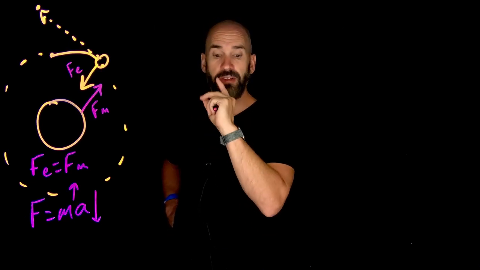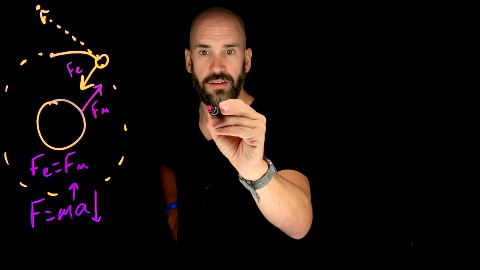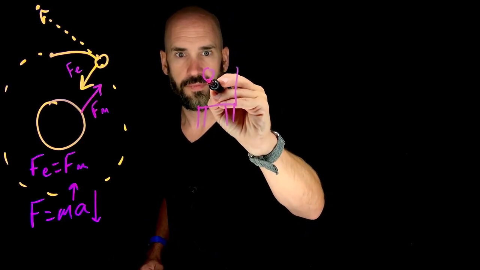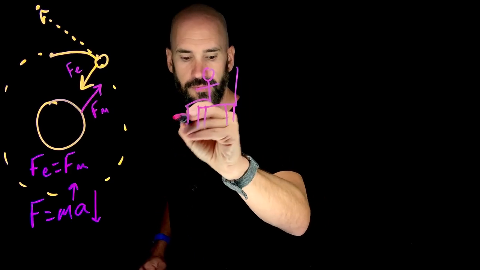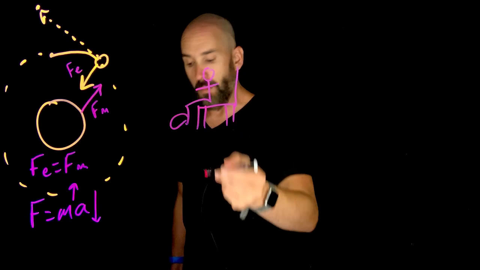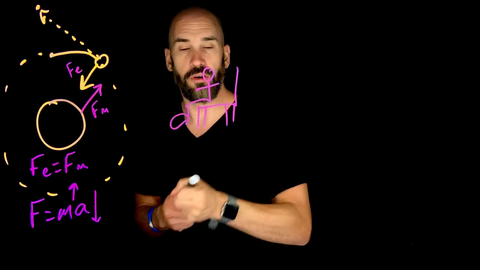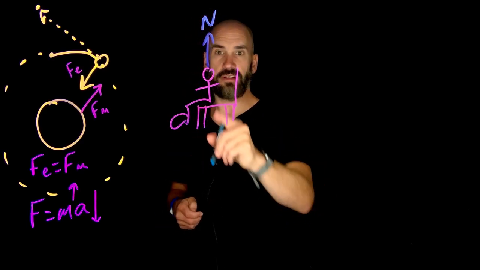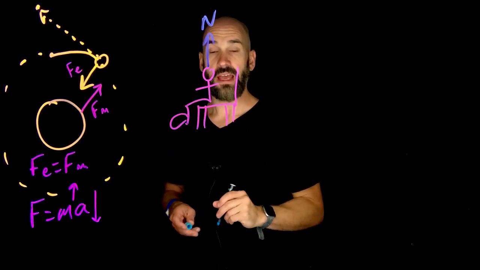Okay, so what about this case where you have a kid in a chair, right? And he's sitting down on a chair. Now, obviously, the chair must be putting an upward force on the fellow. It's called a normal force, right? It's the force of the chair on the guy's butt, right?